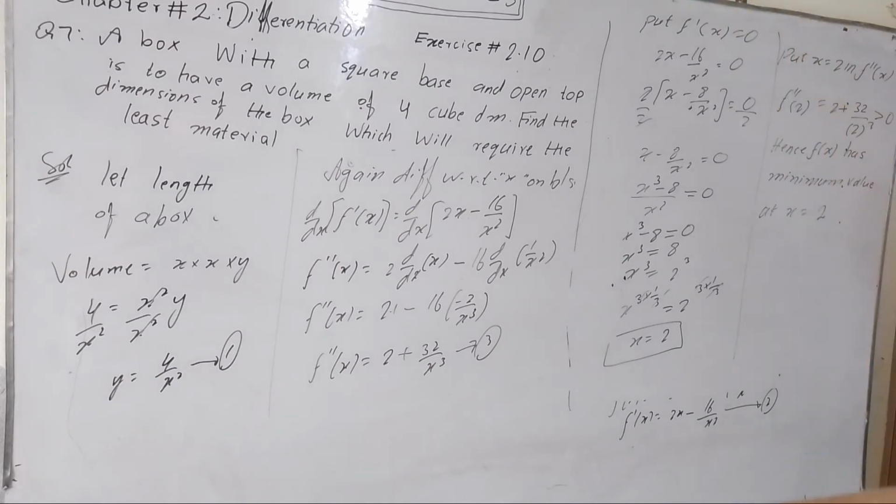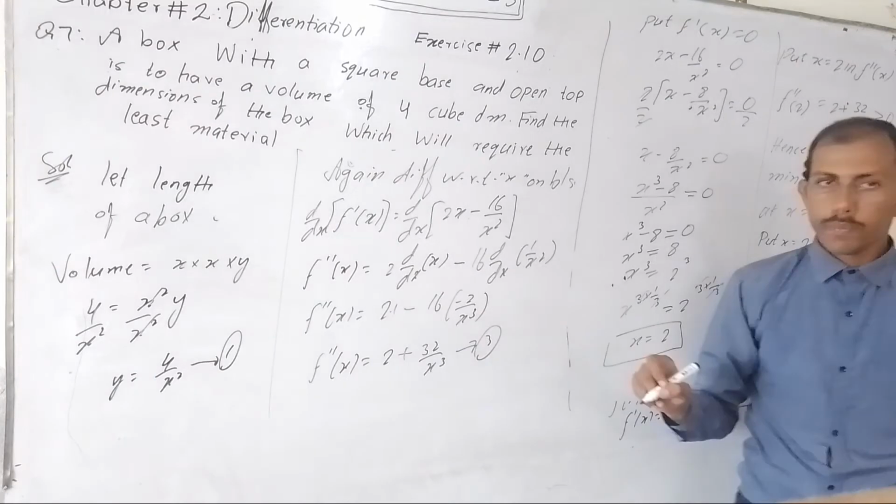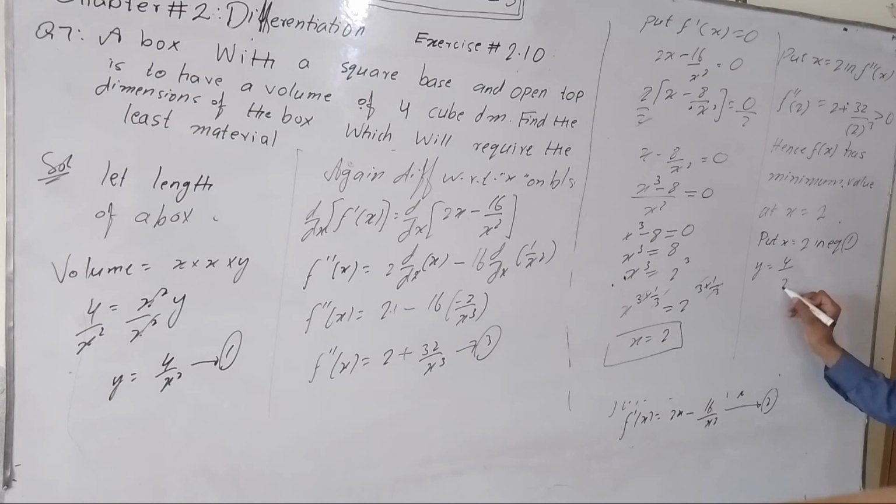Next, put x is equal to 2 in equation 1. So equation 1 becomes y is equal to 4 divided by x square, which means 2 square. y is equal to 4 divided by 4, y is equal to 1.